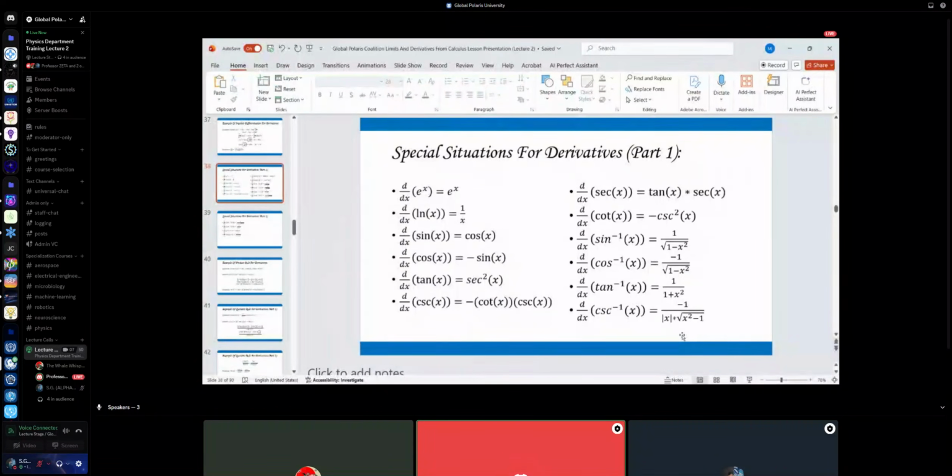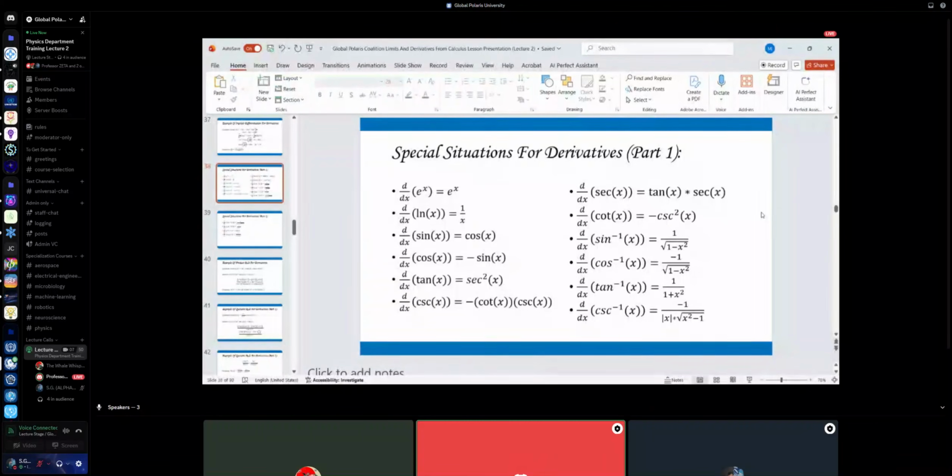Why do we get zero when we have a defined value versus when we keep it as x? Keep in mind, x we do not know. If we set e to the power x, we do not know what x is. E to the power 2, I can evaluate. E is 2.71, I can say 2.71 squared and evaluate it. It's a constant. As I said a few minutes ago, the derivative of any constant is zero. So that's what's happening.